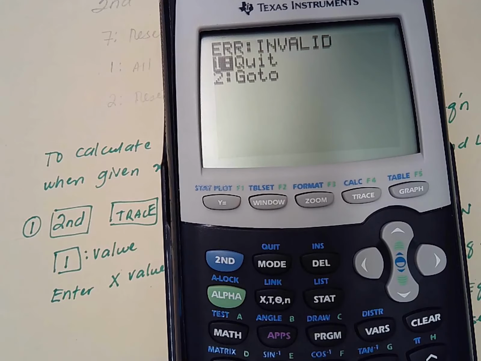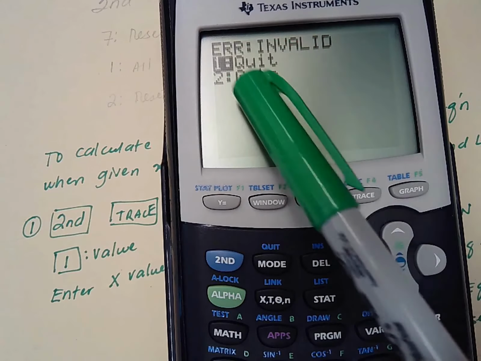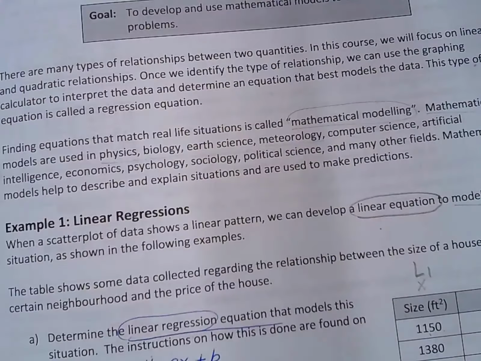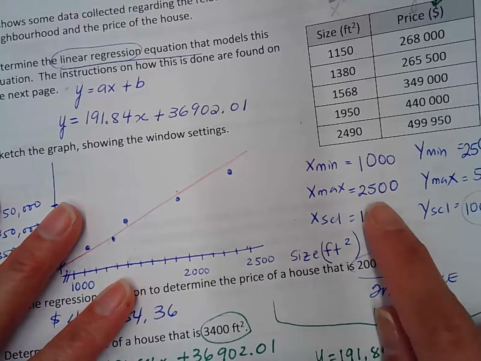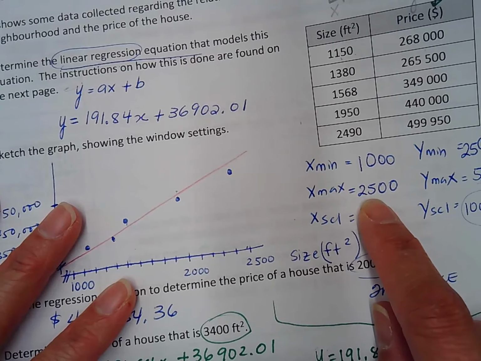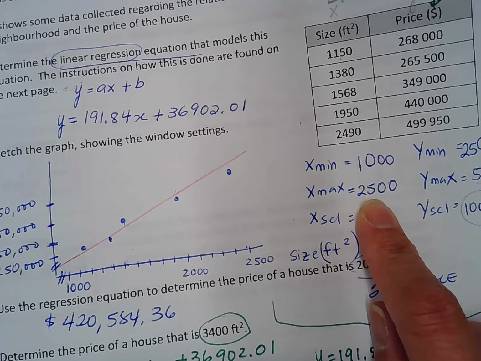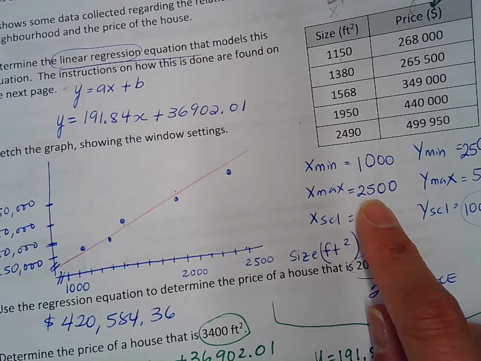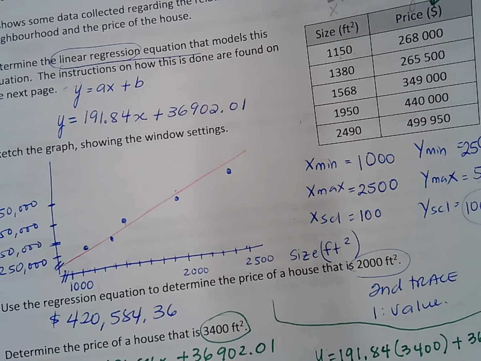The reason there's an error is because we've limited our X value only up to where? We've limited our X value only to 2,500. So your calculator is saying, I can't do it for you because you've limited the X value to 2,500. You're way beyond 2,500.